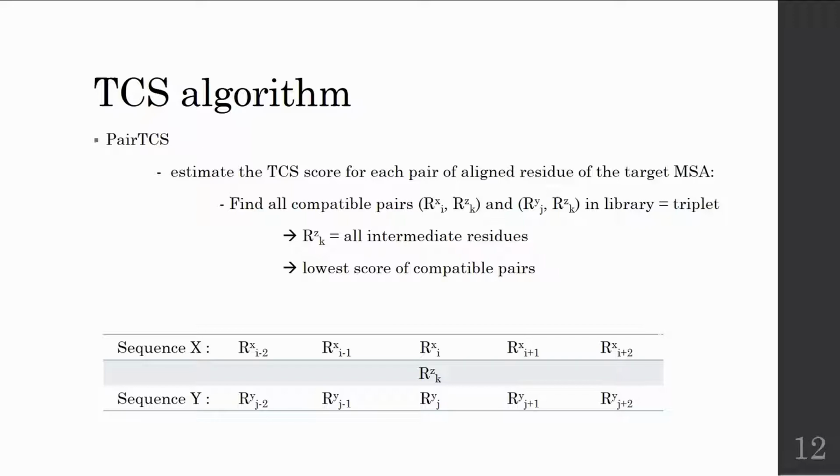And it will try to find all these pairs, but one of these compatible pairs is called a triplet. And of these compatible pairs, they will take the lowest score, as I mentioned with T-Coffee.